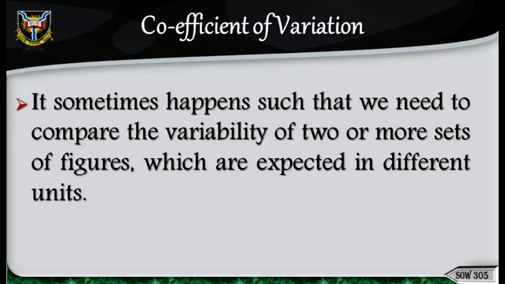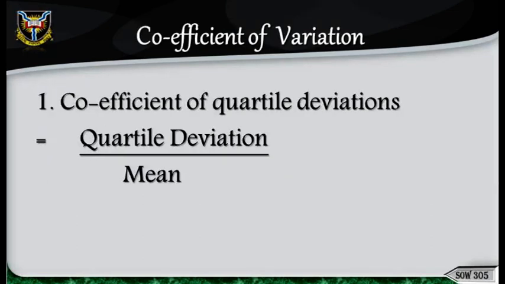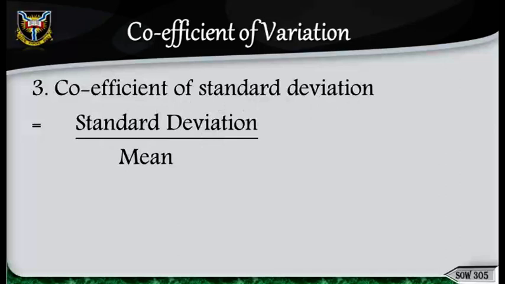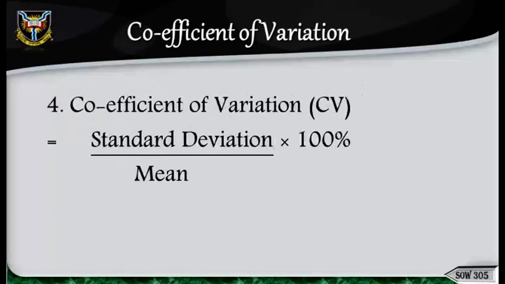The popular ones are: 1. Coefficient of quartile deviation equals quartile deviation divided by mean. 2. Coefficient of mean deviation is equal to mean deviation divided by mean. 3. Coefficient of variation, CV, is equal to standard deviation times 100% divided by mean.